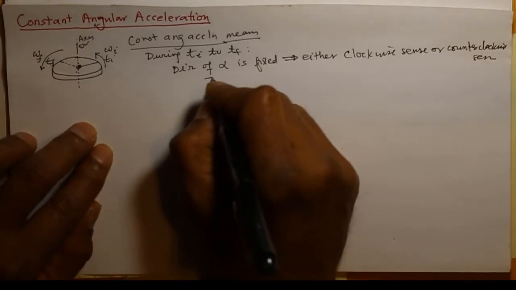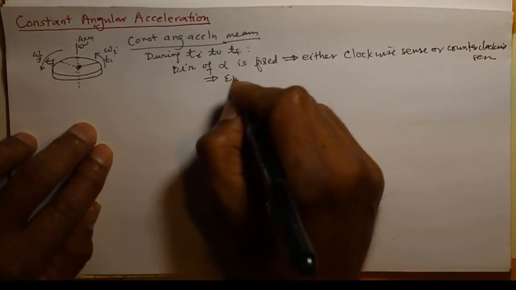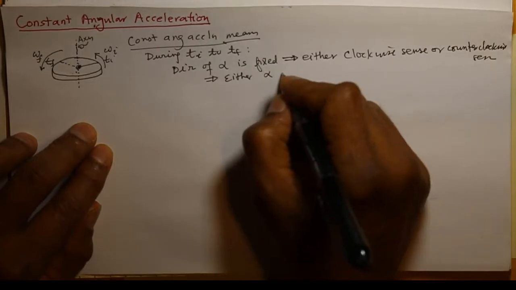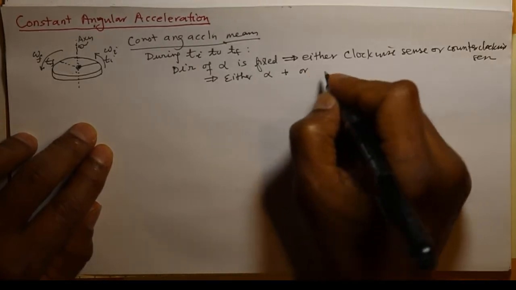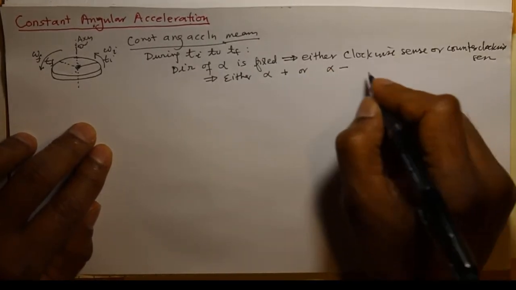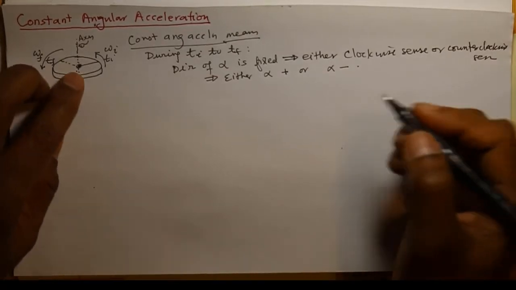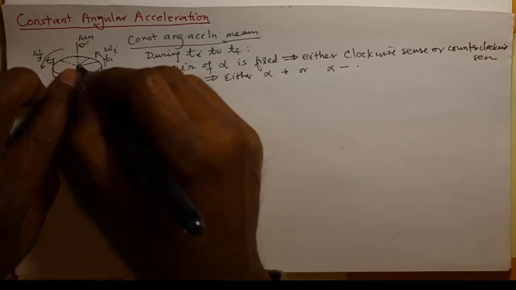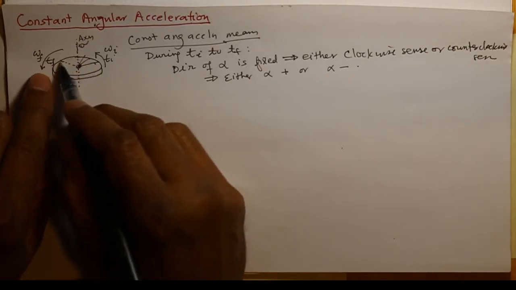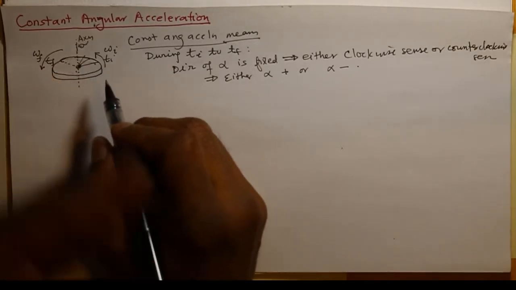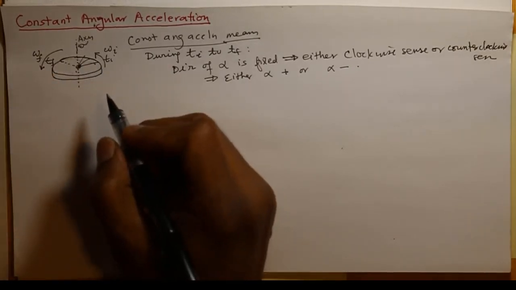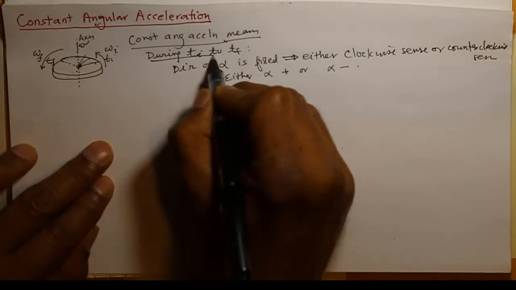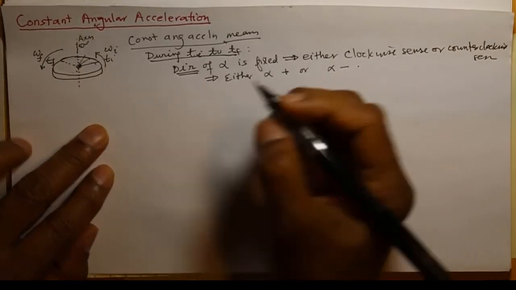But it's not positive over here and negative over there. Over the entire time, it's either all the time positive or all the time negative. That's what it means for the direction to be fixed.